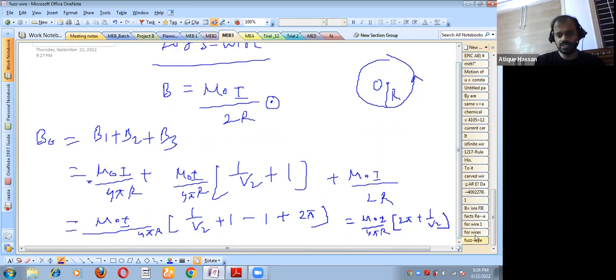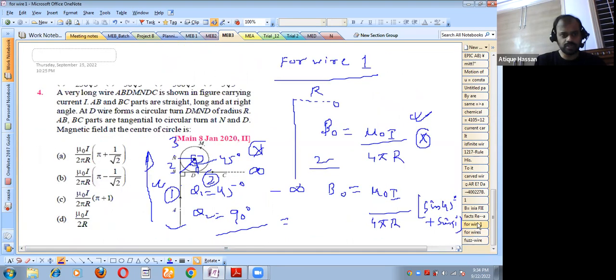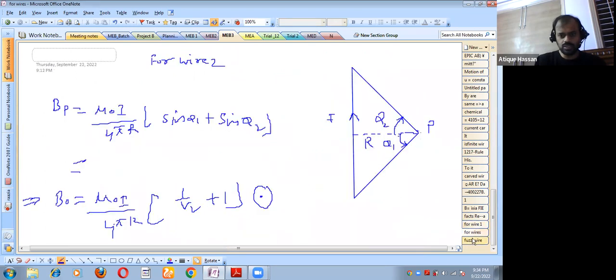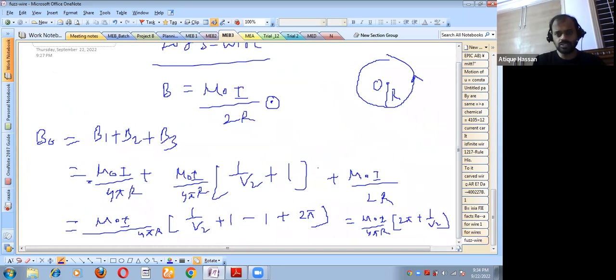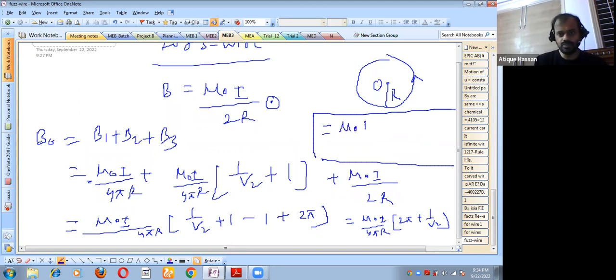So see which option is matching: mu naught I by 4 pi r, 2 pi plus 1 by root 2. Or we can take 2 outside and simplify it, so we get mu naught I by 2 pi r, pi plus 1 by 2 root 2.